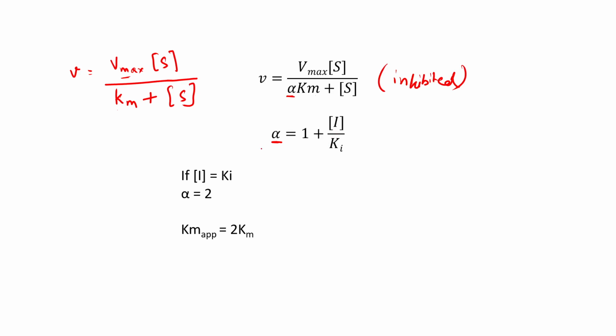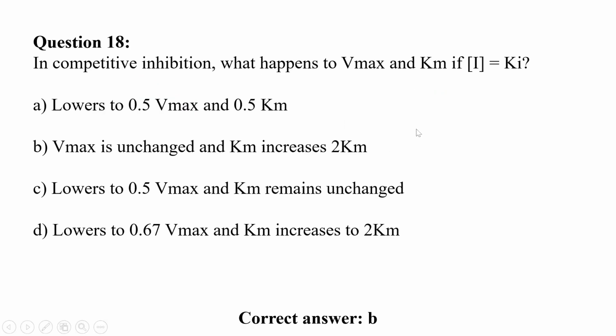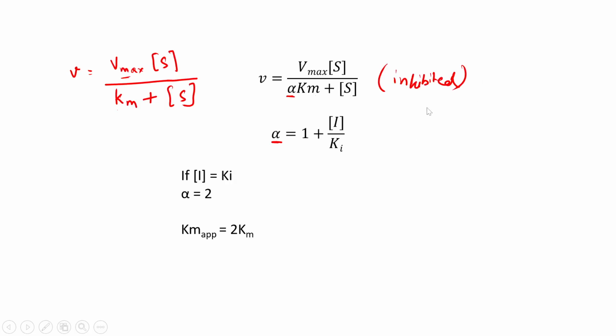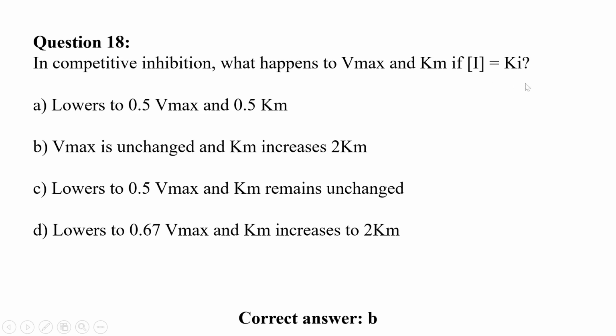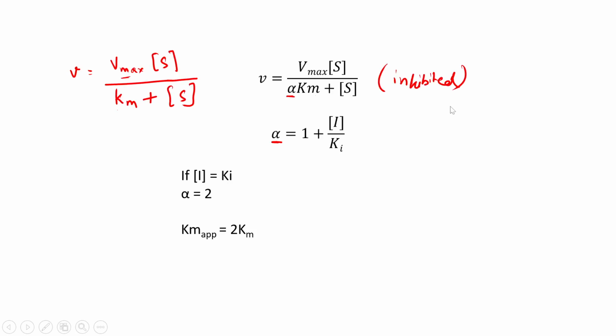Now in the question, I is equal to Ki. So if I is equal to Ki, I by Ki is 1, and 1 plus 1 is 2. So if I is equal to Ki, alpha will be equal to 2.